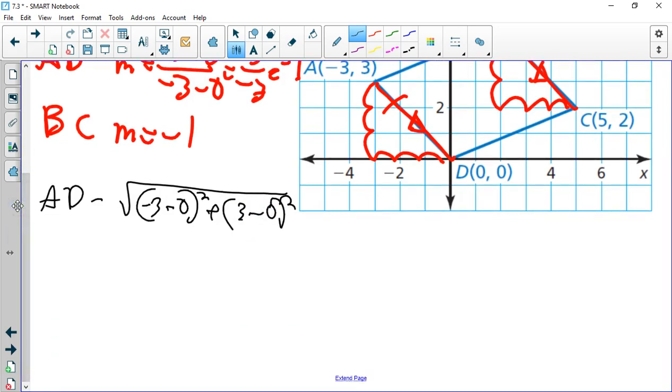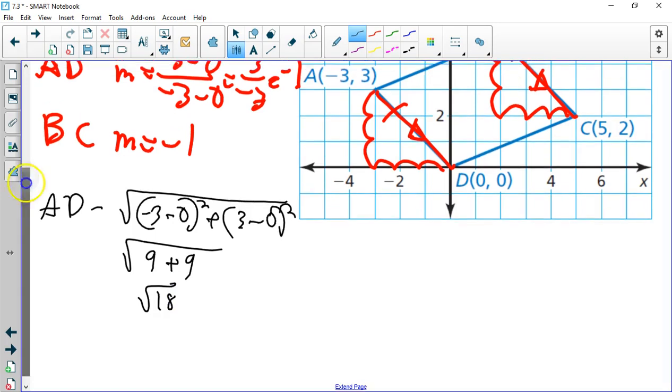And what that's going to give me is negative 3 minus 0 is negative 3, squared, remember, is positive 9. And 3 minus 0 is 3, squared is positive 9. So that's the square root of 18, which can be reduced, but let's wait there.